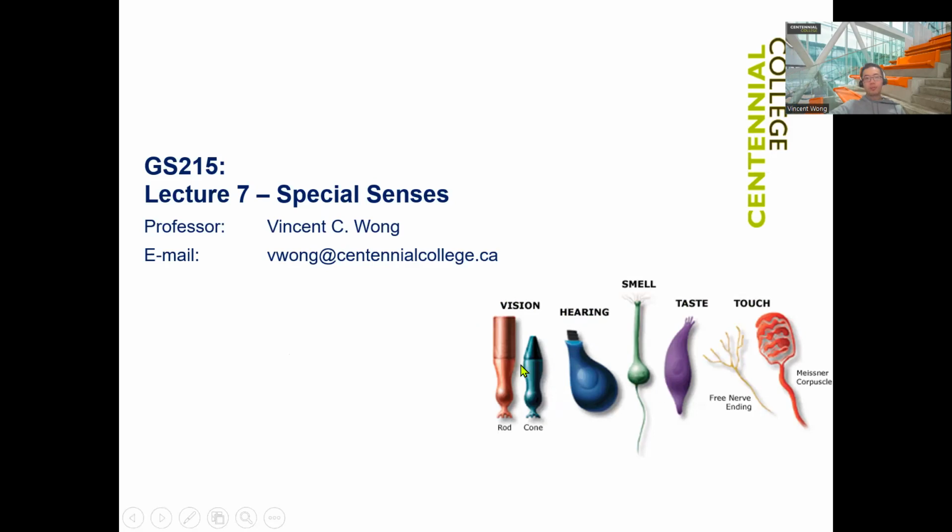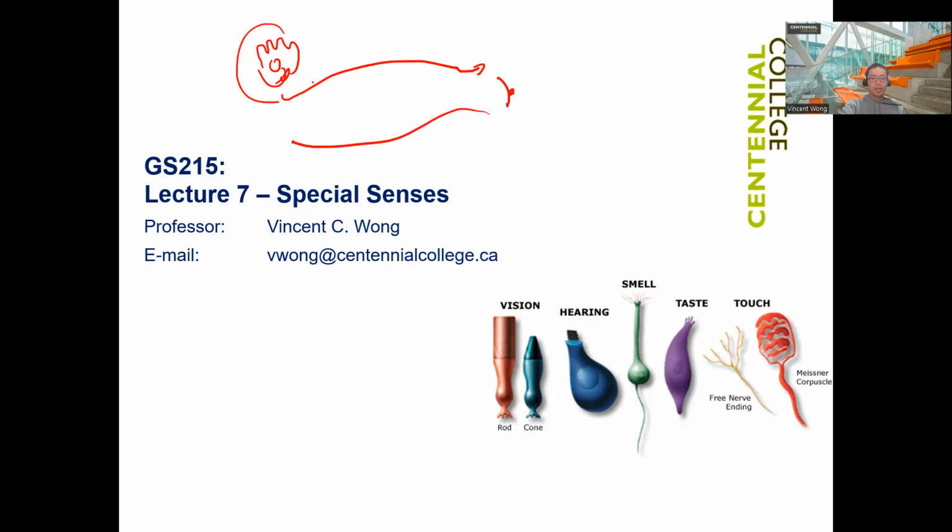These are pictures of the receptors that are responsible for picking up those particular senses. Remember lecture 5, maybe, we had that drawing: you have a sensory receptor in the skin, and then the sensory neuron taking it to the brain, an interneuron in the CNS, and then the motor neuron coming out, right? So at the beginning, you need some kind of sensory receptor to detect that change.